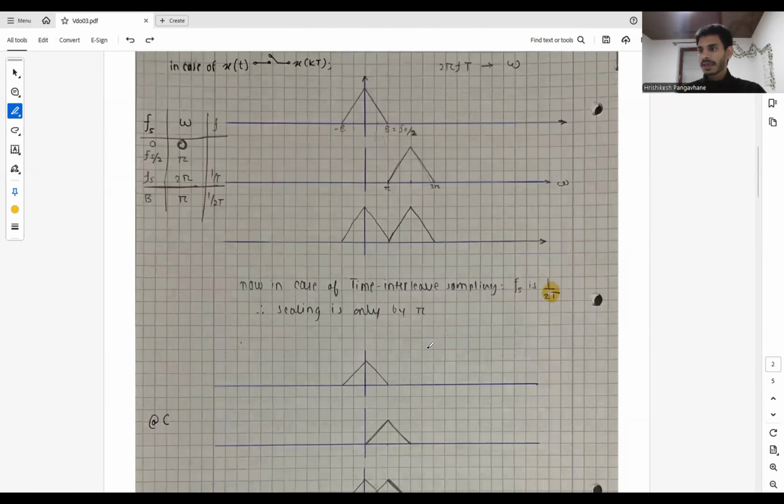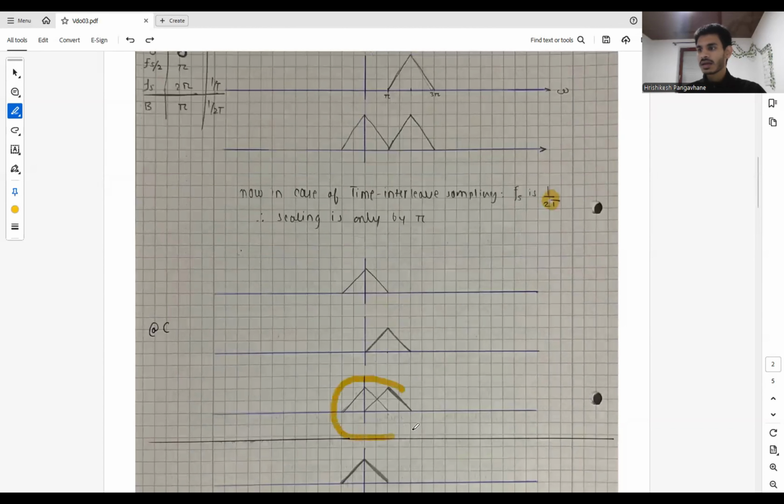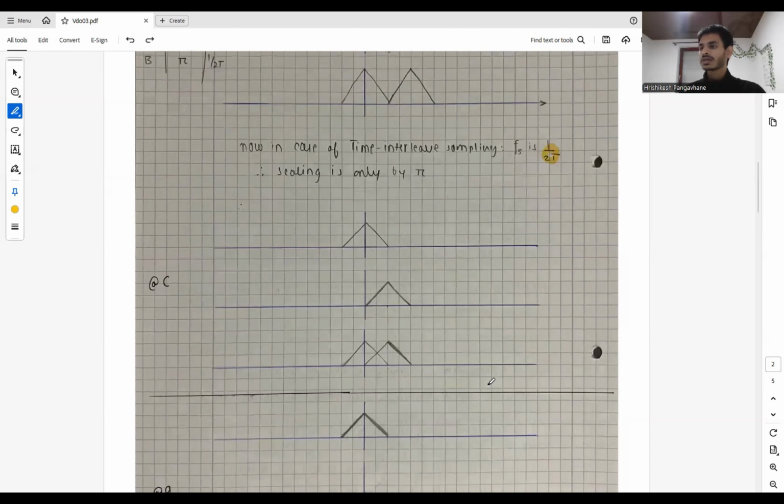So if the scaling is only done by pi, then the output spectrum will look somewhat like this. And we discussed in the previous video that this will give us information loss, or noise aliasing.